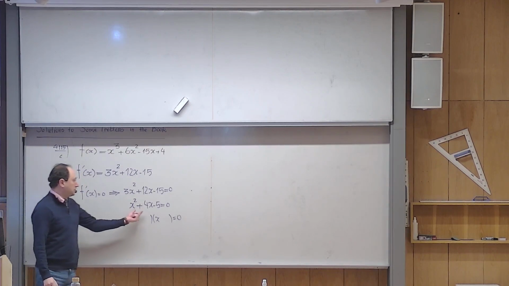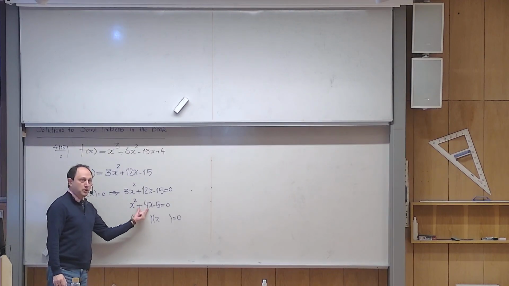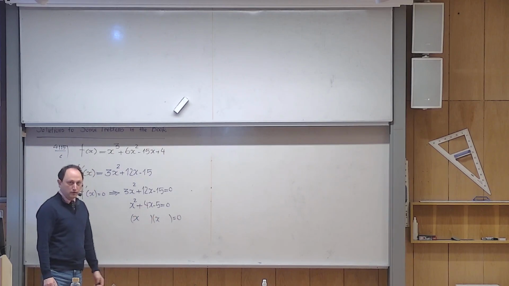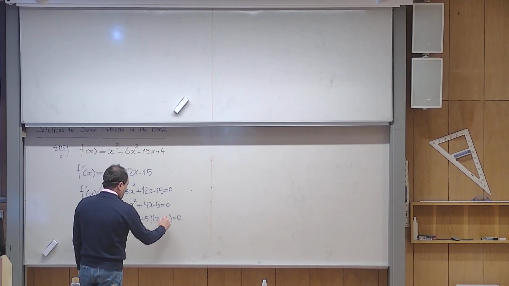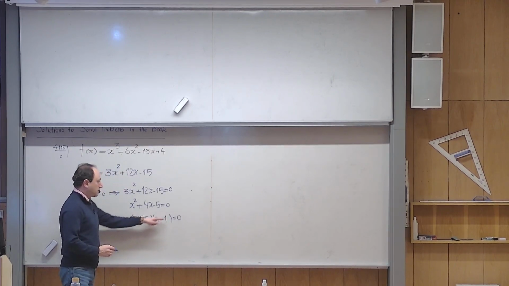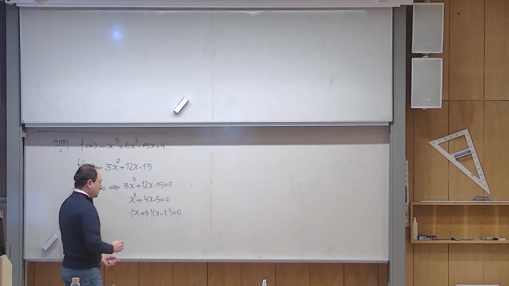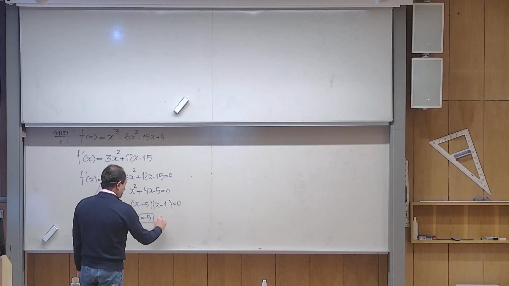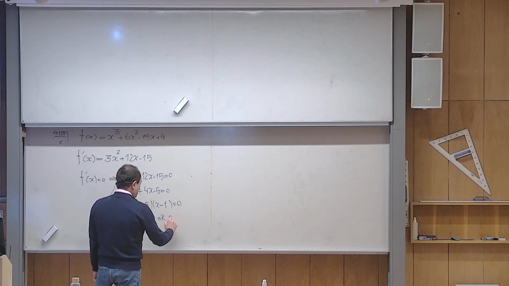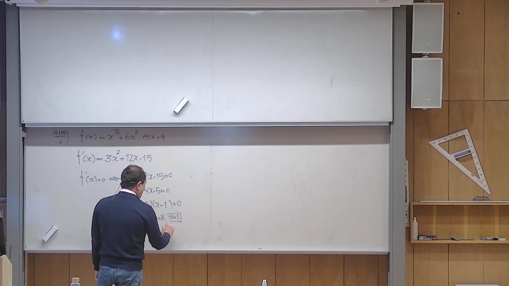So I need two numbers whose sum is positive 4 and the product is negative 5, yes? Positive 5 and negative 1. So the product of two numbers is equal to 0, and by the zero product rule, either x is minus 5 or x is 1.